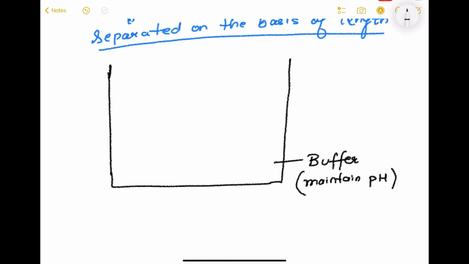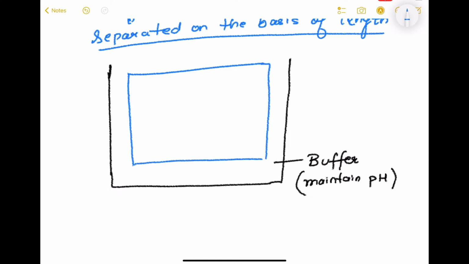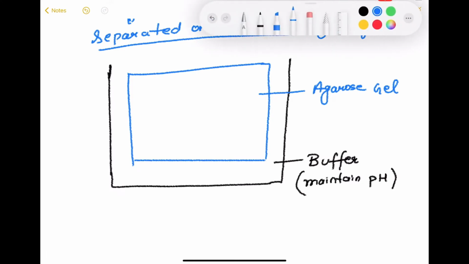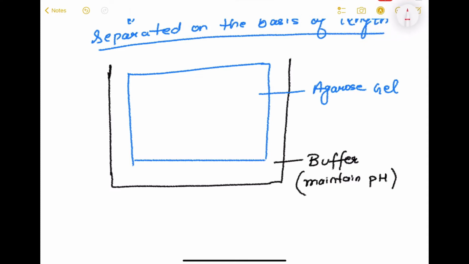Now we place the agarose gel. With the help of a comb, a comb-like structure, we make grooves in the agarose gel. These are the grooves.